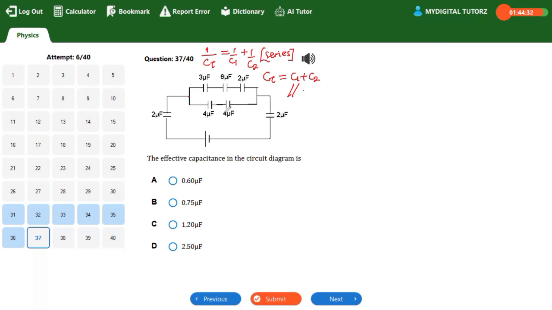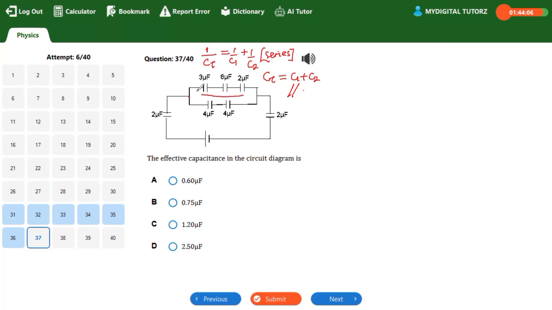Is that clear? When you are done with the identification of which capacitors are in series and which are in parallel, quickly, this thing shouldn't take you time. Quickly identify, then you focus on which formula to use among these two formulas. So now I have identified, I just have to simplify this upper one first before I even consider these side ones. So in order to achieve that, I'll look at this here, they are in series, right?